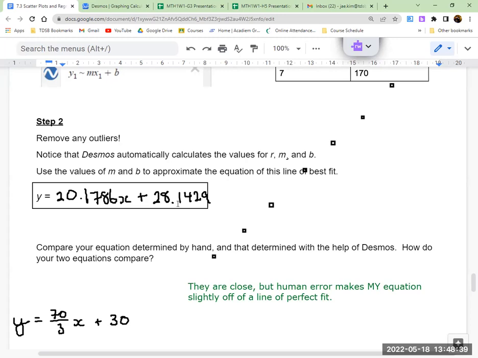So if you feel comfortable bringing your Chromebook tomorrow, do so, because you will most likely need it for Friday as well. We'll finish this off tomorrow. It's basically an exercise to make sure you know how to do all the different aspects of Desmos. And that essentially brings us to the end of our data analysis unit.